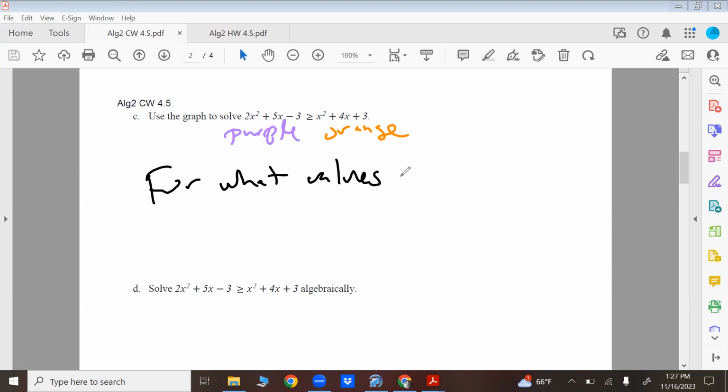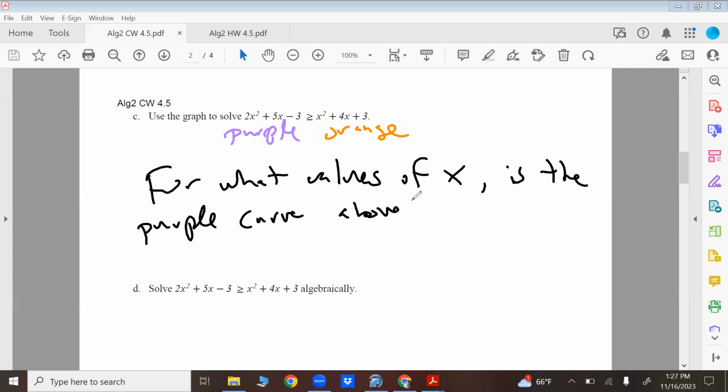What values of x is the purple curve above the orange curve? Well, what was it the other way around? The orange curve was higher than the purple curve.